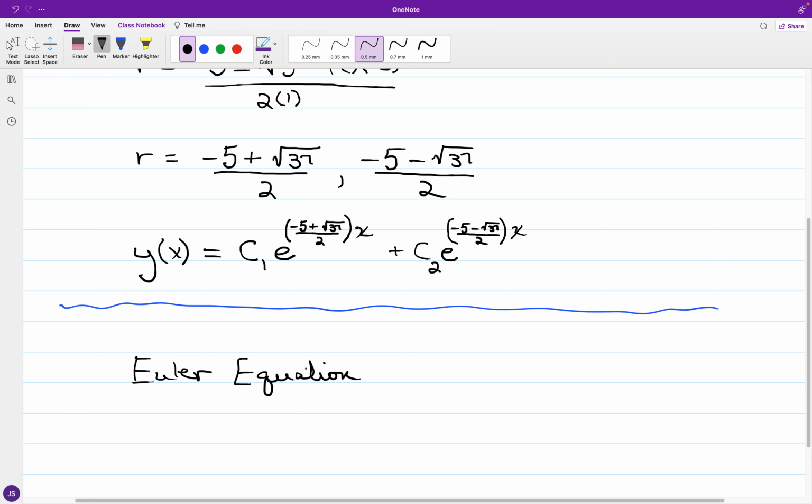You may have seen this before, or you might not have. If you have e raised to the ix, that is equal to the cosine of x plus i times the sine of x.